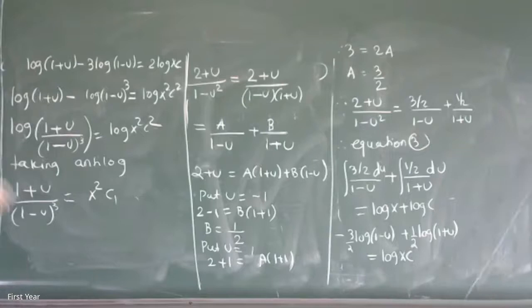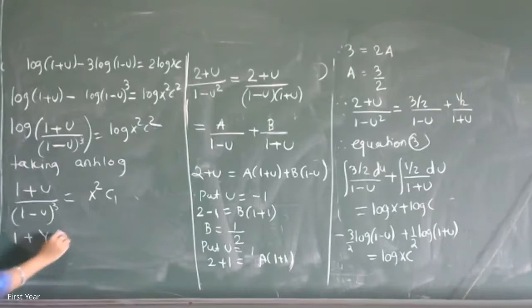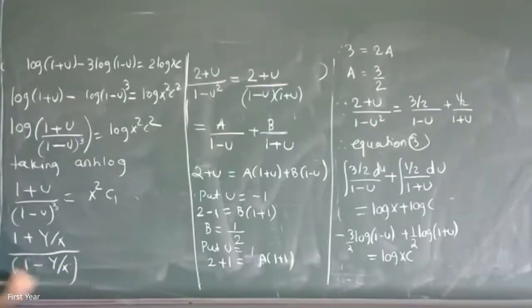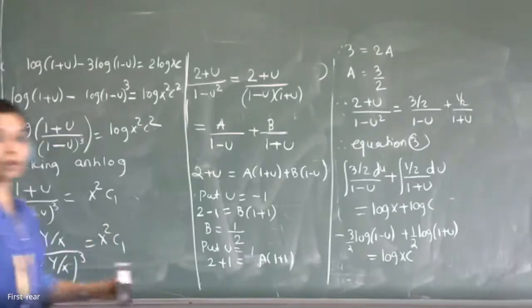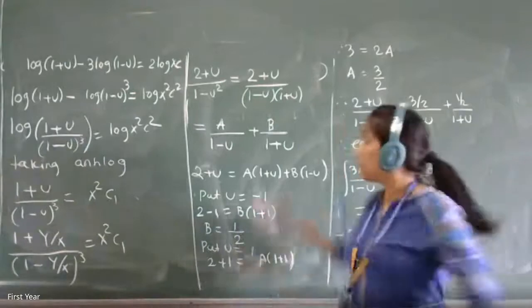Now back substitute u, then back substitute x and y. So 1 plus what is u? y by x. 1 plus y by x upon 1 minus y by x the whole cube is equal to x square c1. Okay. Simplify that.